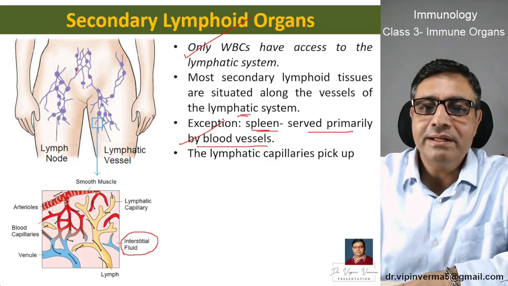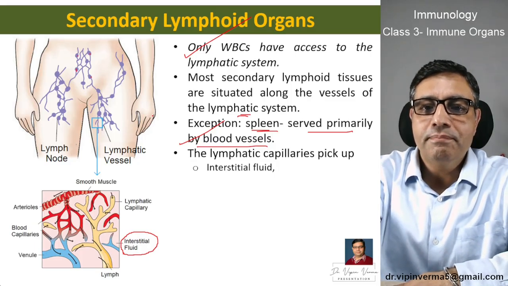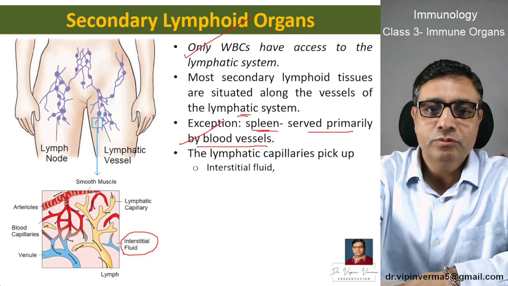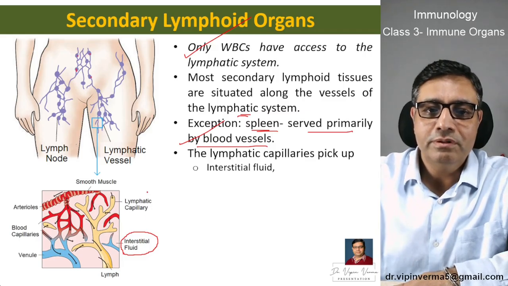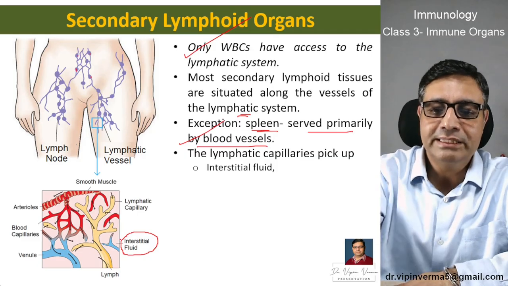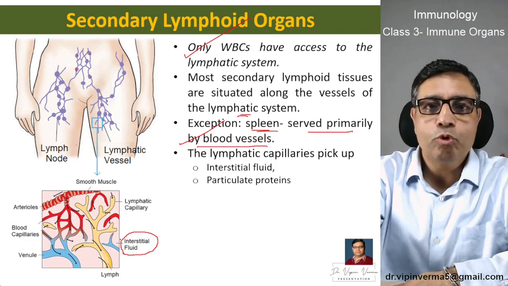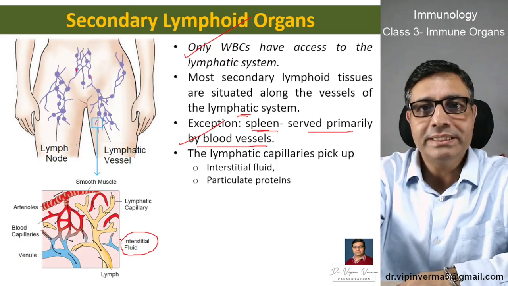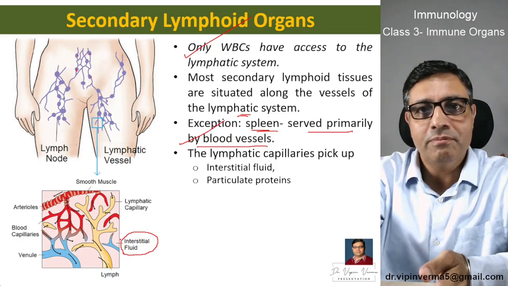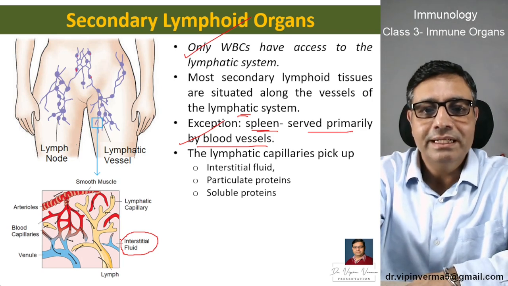The lymphatic capillaries pick up interstitial fluid. So this is the interstitial fluid, and it can enter the lymphatic system. Particulate proteins can be an antigen, a particle, or a part of bacteria or virus.